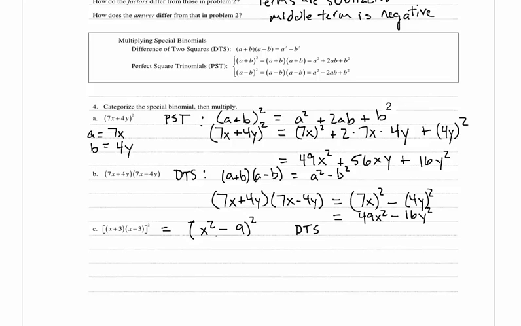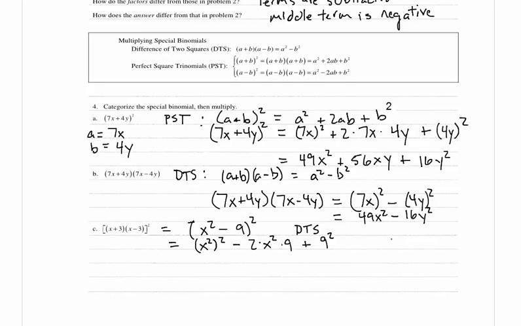And now, in order to have x squared minus 9 squared, we're going to have a perfect square trinomial, and this is equal to a squared, and a in this case is x squared, so we have x squared squared, and we have a minus sign here, so we're going to have minus 2 times a, which is x squared, times b, which is 9, plus b squared.